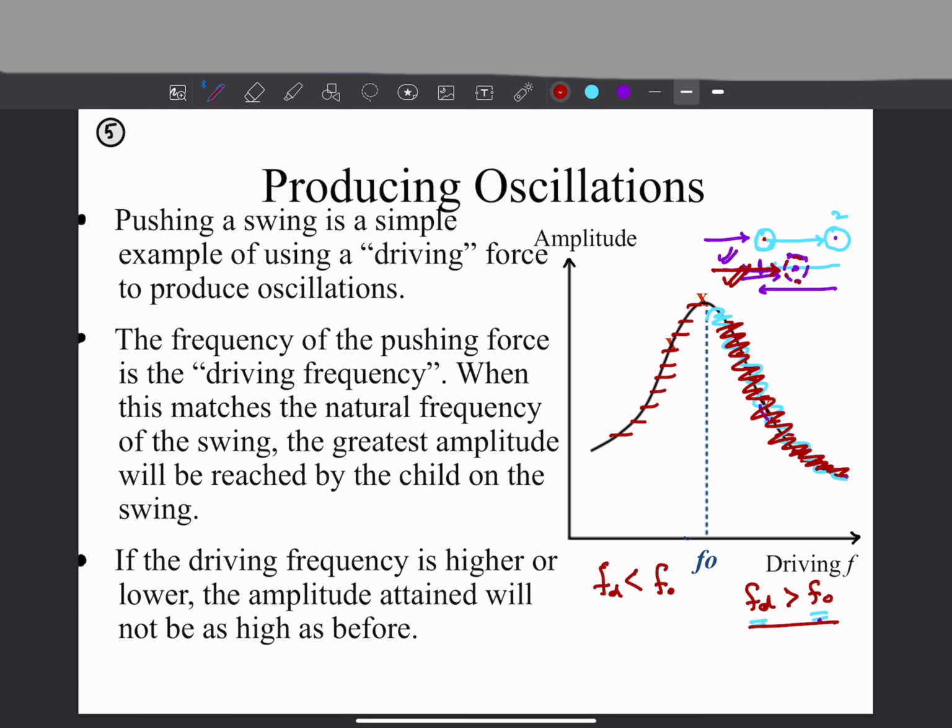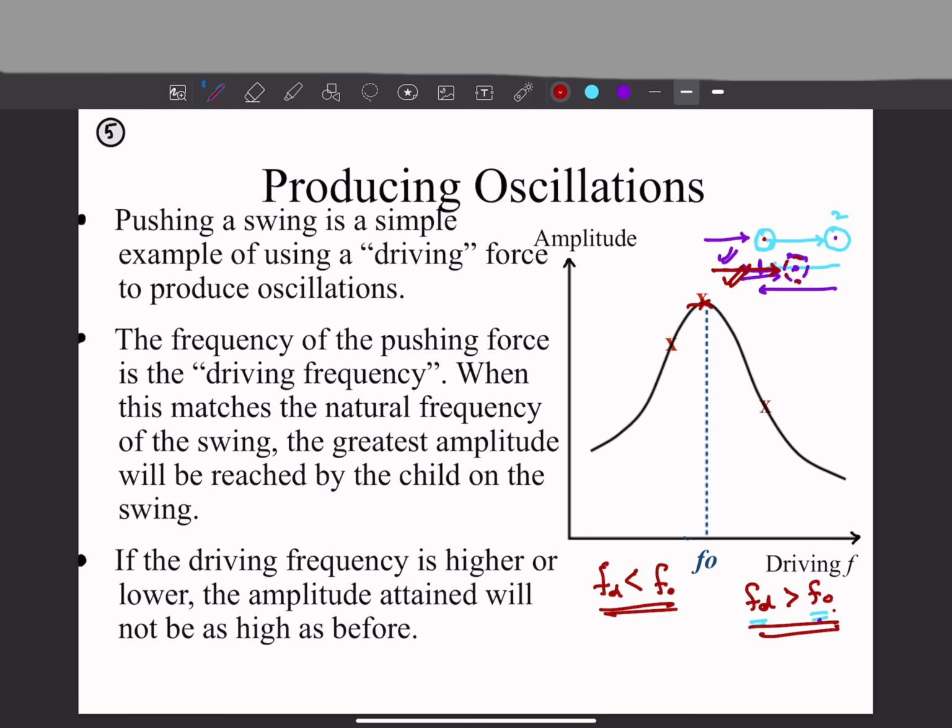So in both the cases, whether your driving force is greater than or less than the natural frequency, the amplitude will not be maximum. This is very, very important to understand: when the driving frequency is greater than or less than the natural frequency, the amplitude is not the maximum amplitude, or the body is not in the situation of resonance.